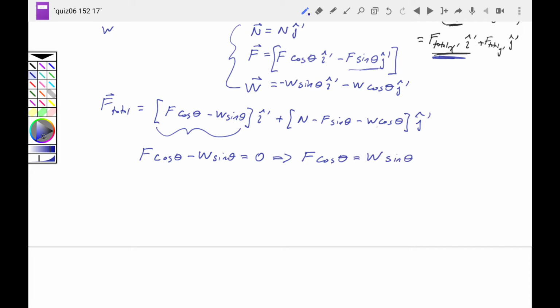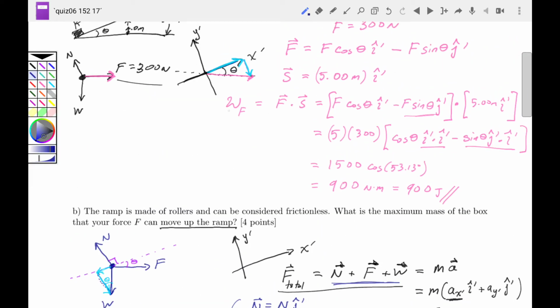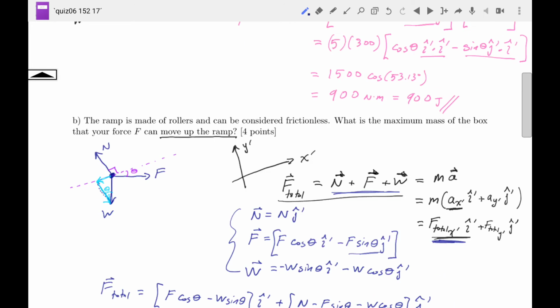This W is weight, right? Not the work. I think I've been trying to consistently write a more italicized W for the work, and then a blockier W for the weight.